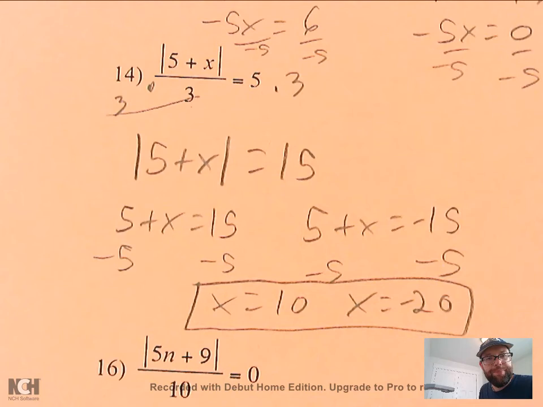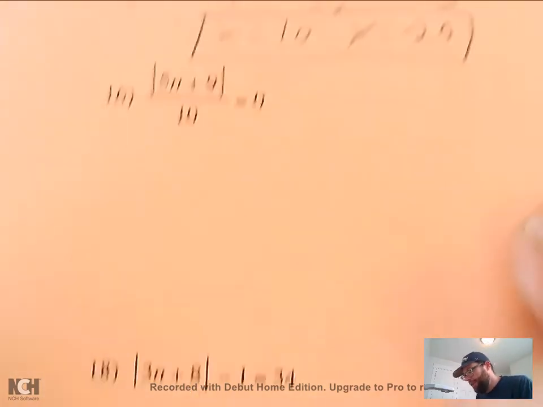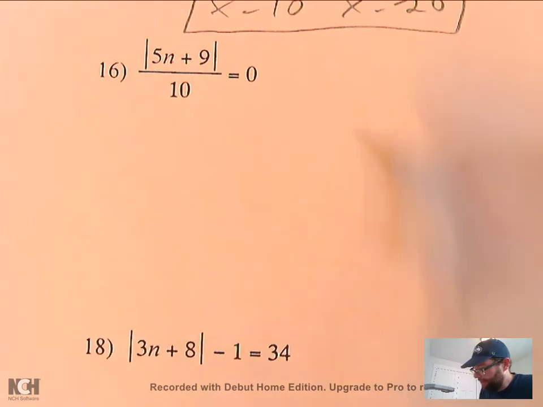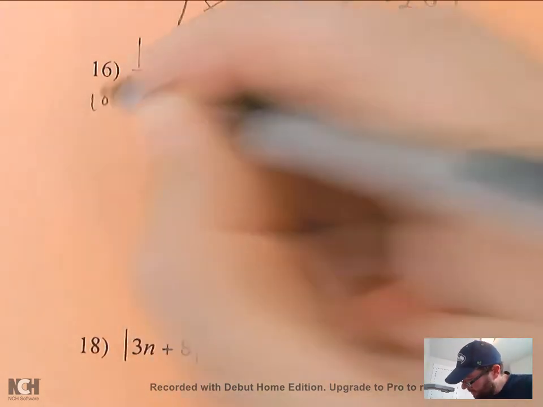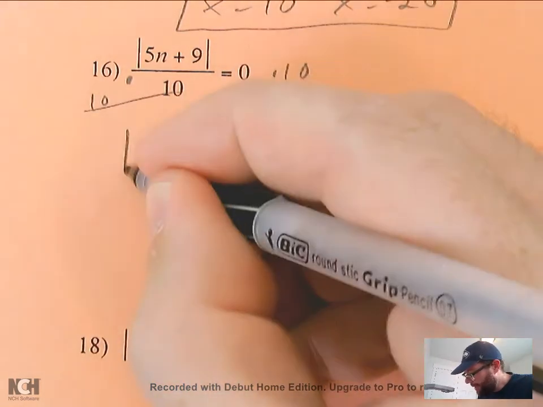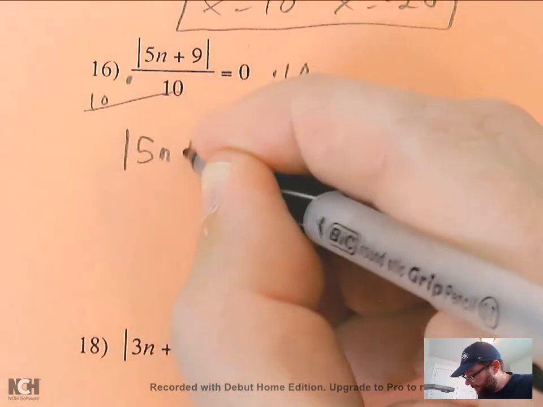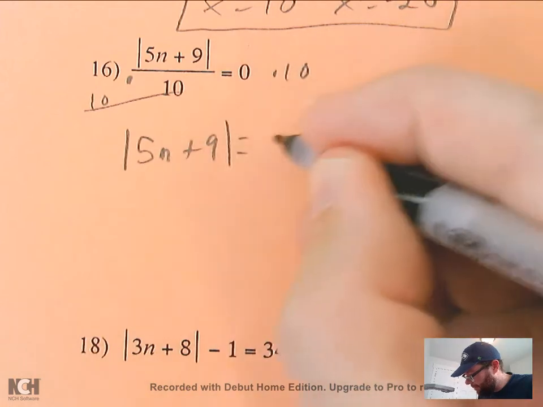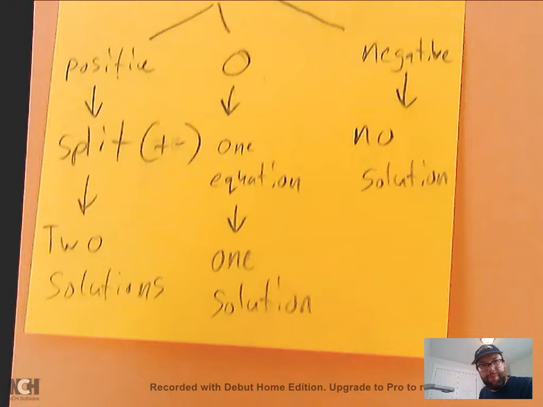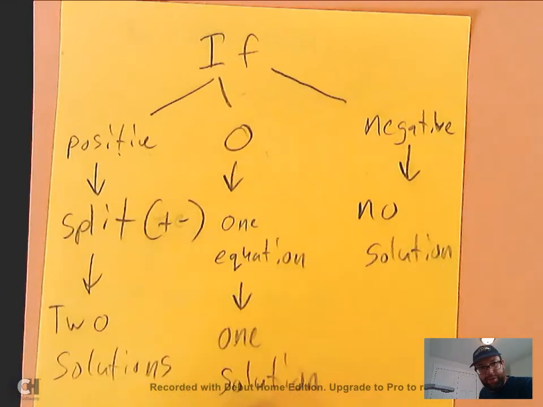Next one. It's dividing by 10, so I have to multiply by 10 to get the absolute value by itself. So it cancels out. Absolute value of 5n plus 9 is equal to 0. Absolute value by itself, it's equal to 0. That means that there is one solution, right?